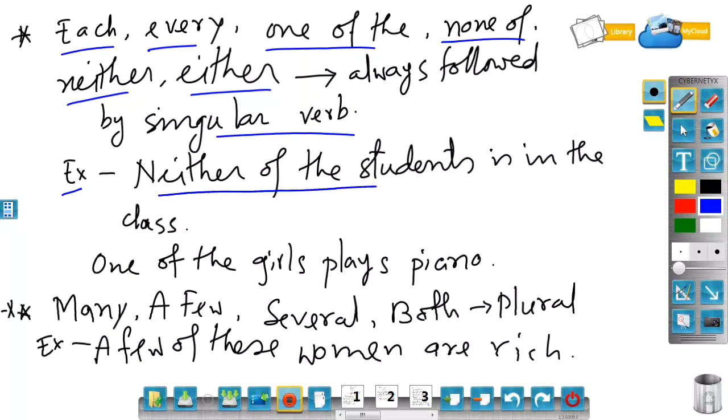Neither of the students. It seems that students are the subject, but not that. The real subject is neither of. Students is not the subject. So the verb is.